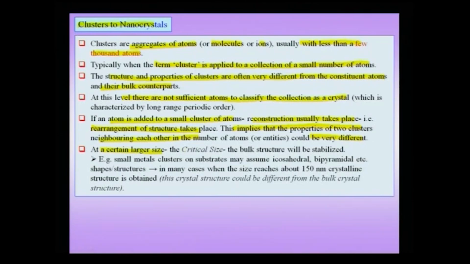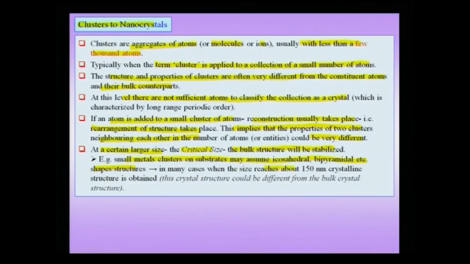At a certain larger size, the critical size, the bulk structure will be established. When we mean a bulk structure, we are referring to it not only in terms of a tangible definition, but actually in terms of a property based definition. Small metal clusters, for example, on substrates assume icosahedral, bipyramidal, etc. kinds of shapes, and obviously these shapes do not represent crystals.